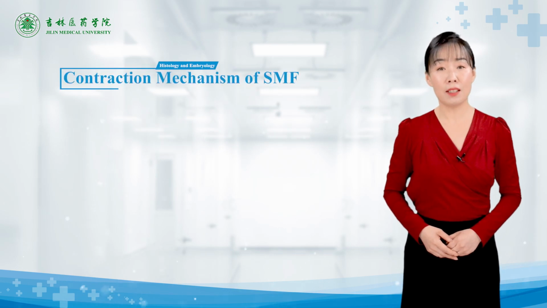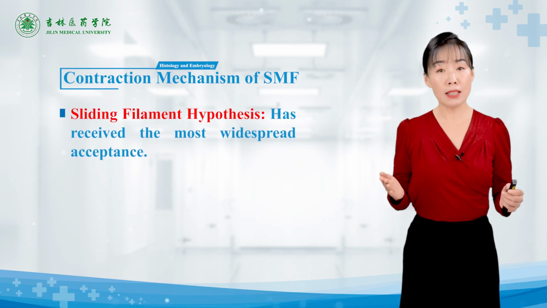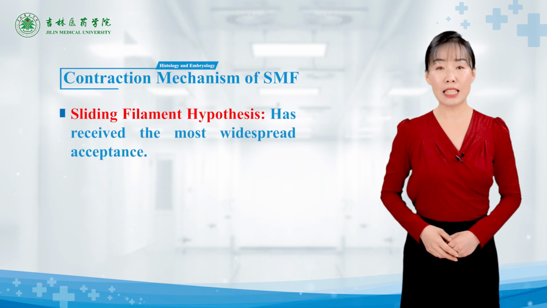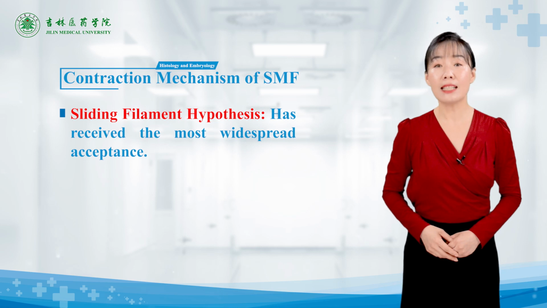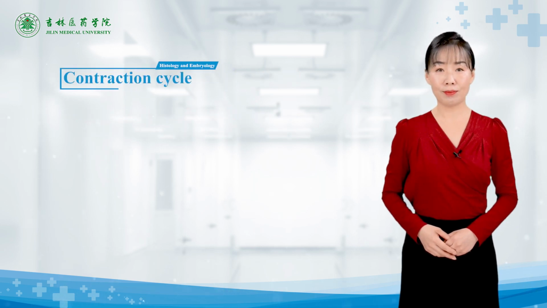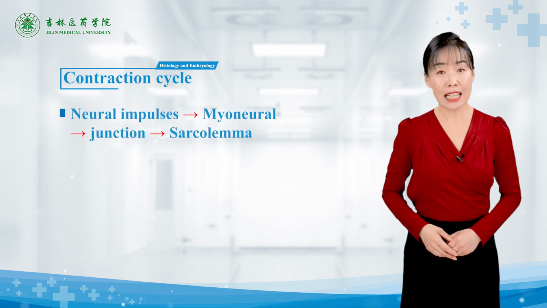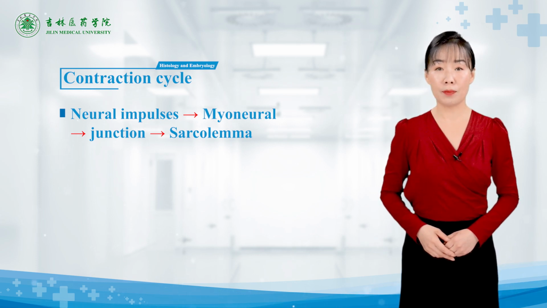Contraction mechanism of skeletal muscle fiber. The sliding filament hypothesis has received the most widespread acceptance. Contraction cycle. Neural impulse is conducted through the myoneural junction to the sarcolemma.